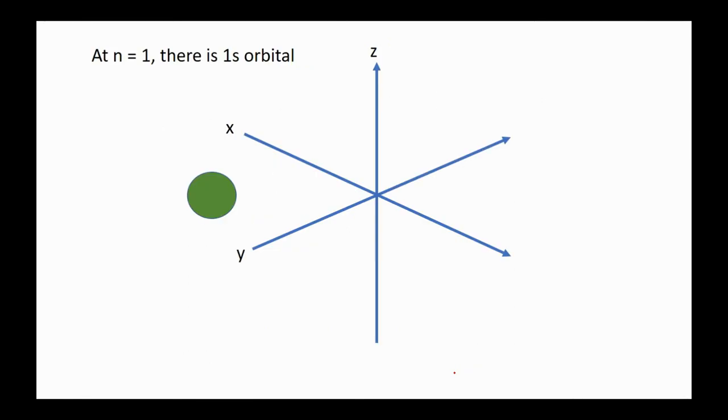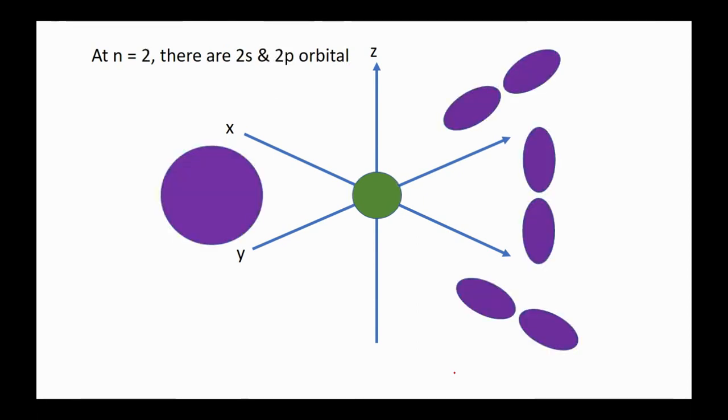So this is to see the animation, to make it a bit clearer. Okay, so n equals to 1 has 1s orbital. Okay. So the size is small. Now let's go to n equals to 2. Okay, the one at n equals to 1 is still there, inside. Okay, at the center around the nucleus.